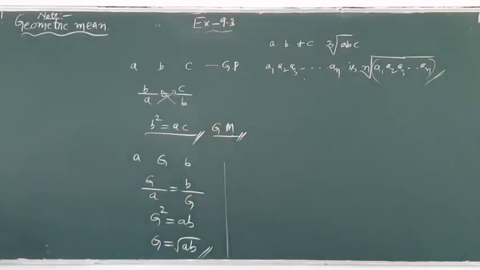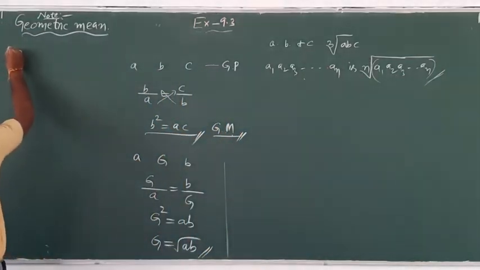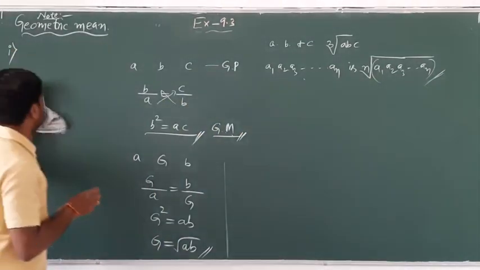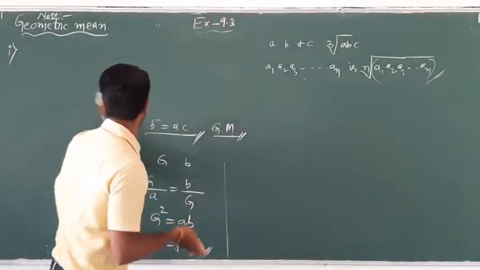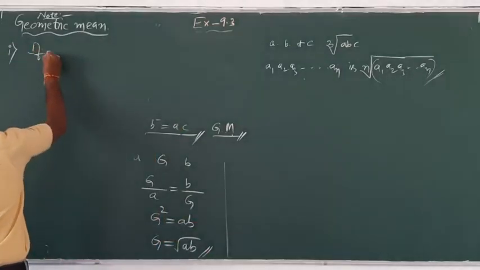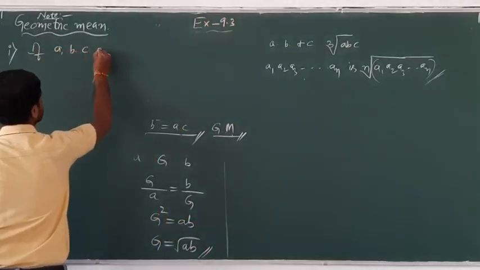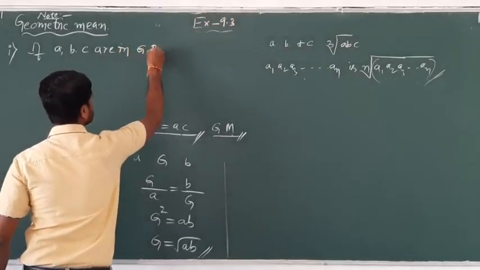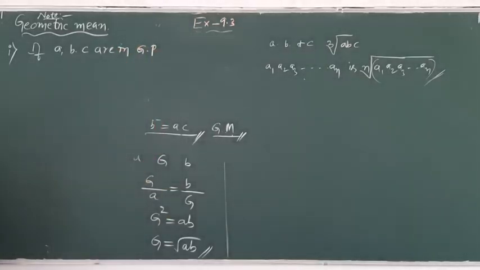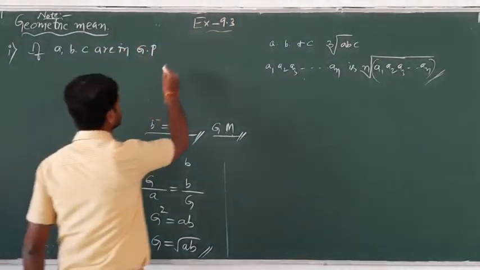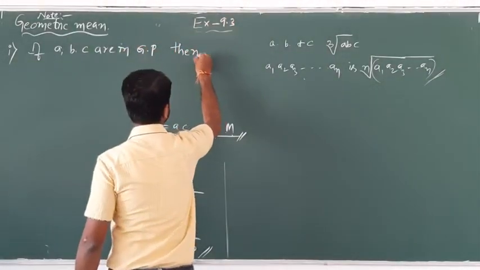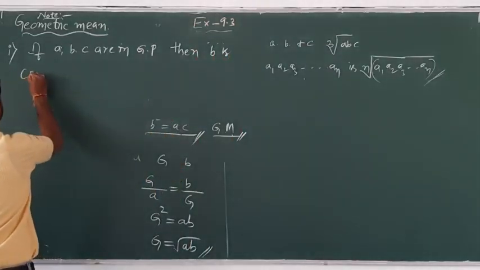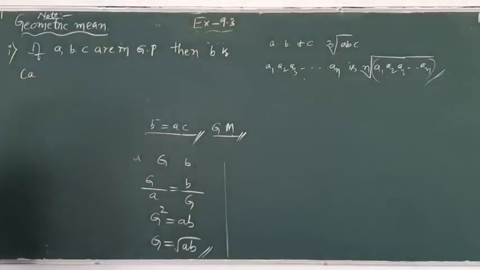The first one: if a, b, c are in GP, all of you write along with me. If a, b, c are in GP, meaning geometric progression, then b square is equal to ac, obvious.